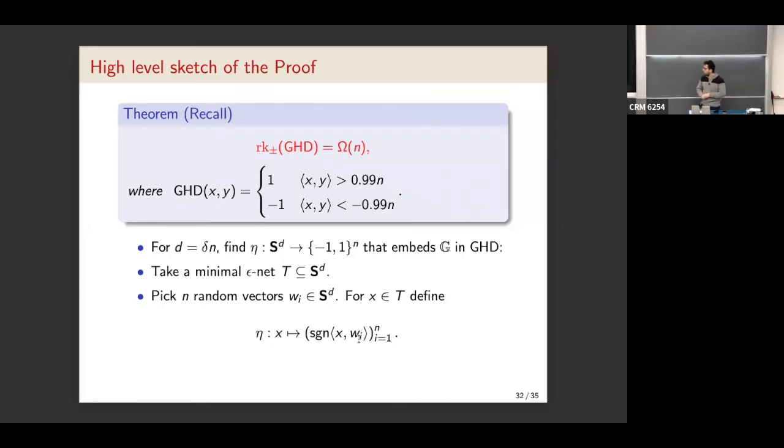Because I put in a lot of these cuts, like n of those, that's going to keep the inner products. If you're close, you're very likely to end up on the same side on most of the cuts, and if you're almost antipodal, you're going to end up on different sides. So this works for everything in T. They're going to have a nice embedding, and then you can extend this to all of the sphere locally: you just pick your nearest point in your epsilon net and follow that.